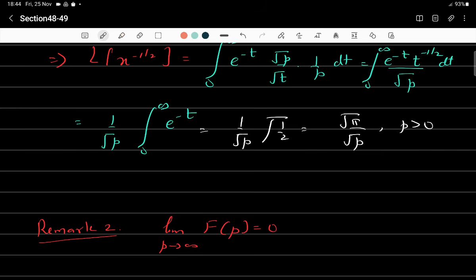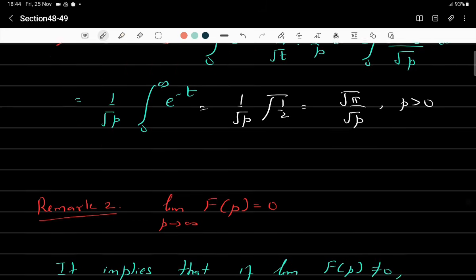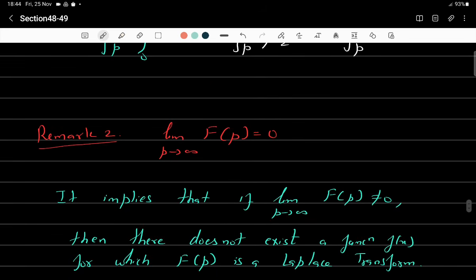Again, I am not discussing its proof, it is given in the book, but it gives a very interesting conclusion: if the limit is not equal to 0, it means there does not exist a function f of x such that f of p is L of f of x.